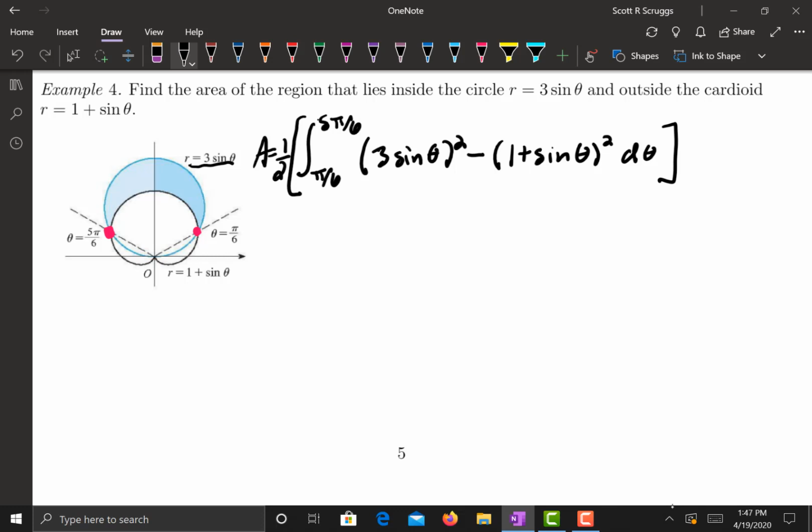All right. And so now let's go ahead and FOIL and expand these two out.